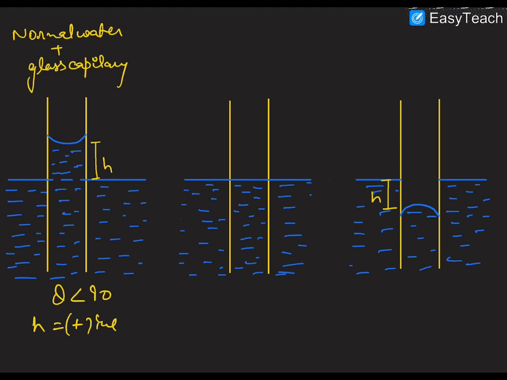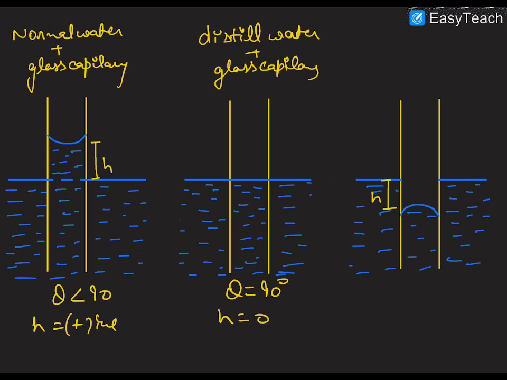In the case of distilled water plus glass capillary, theta is 90 degrees and h is 0. This is the flat meniscus, and it will not rise because this rise or depression occurs due to the curved nature of the free surface. If the free surface is flat, it would not rise or depress.